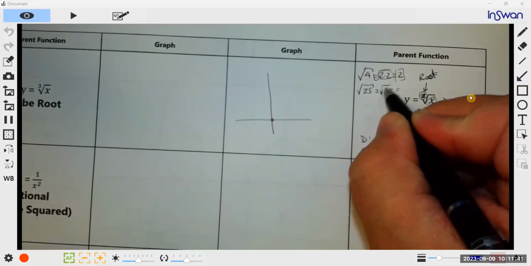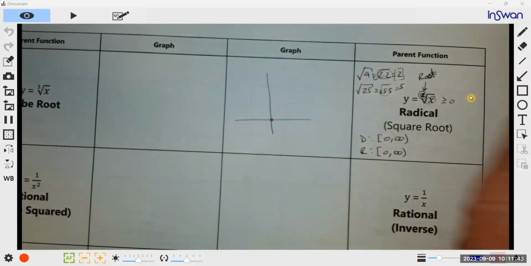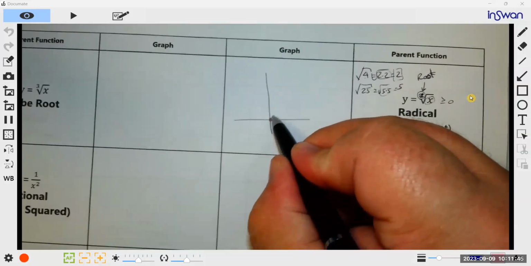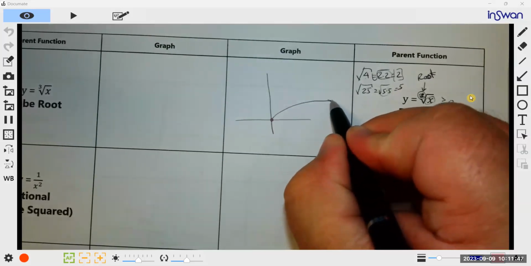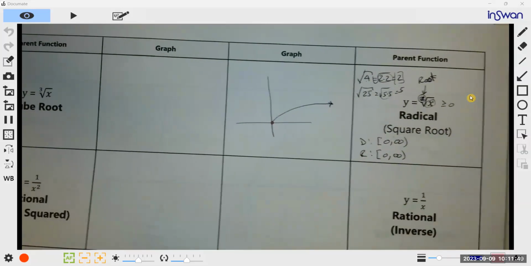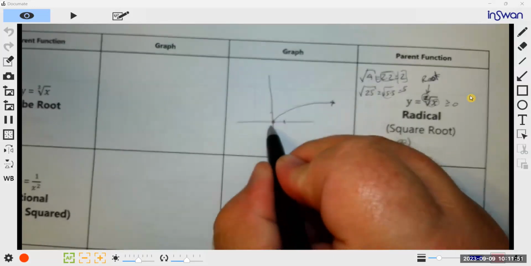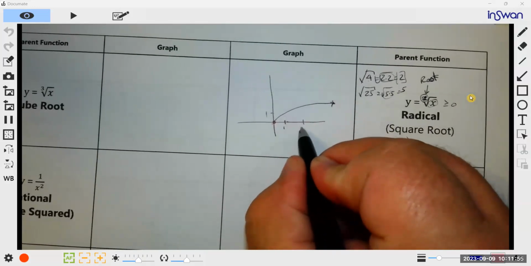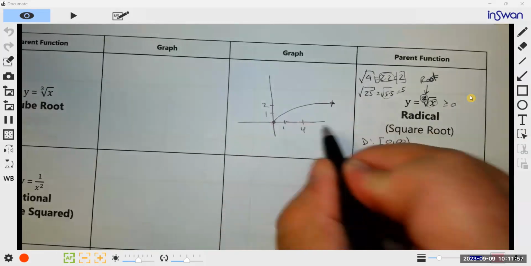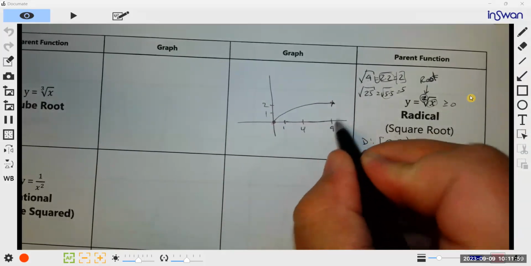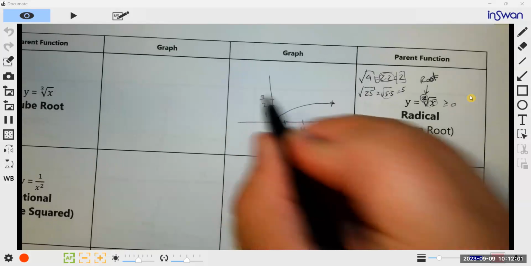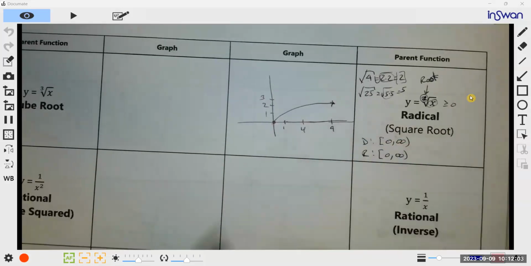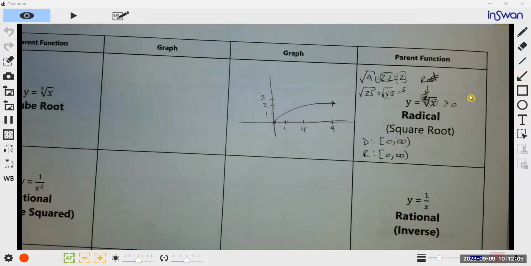Since I have 2 of those, it comes out. So what this one looks like is like that. Because when x is 0, y is 0. When x is 1, y is 1. When x is 4, y is 2. When x is 9, y is 3. When x is 16, y is 4. So it builds up really slowly.